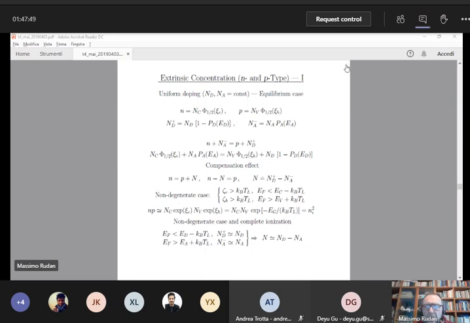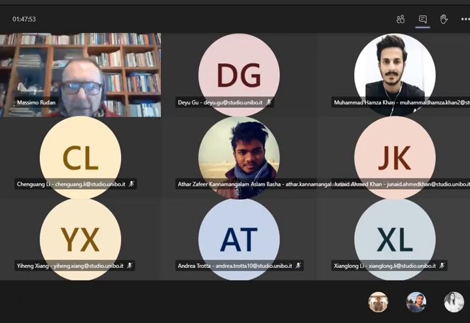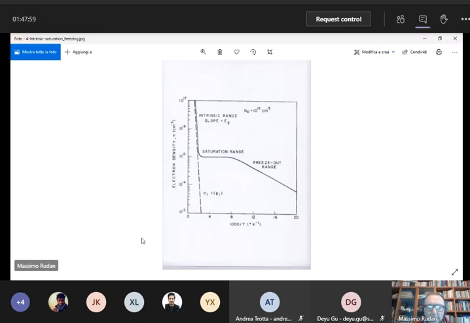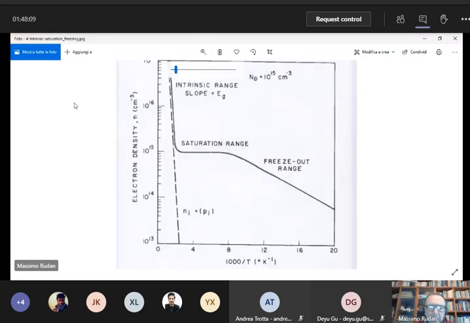So this figure is taken from the reference by Sze. Let me zoom in a little.